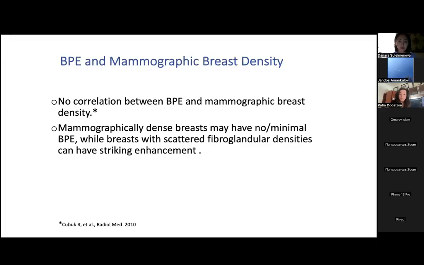But one thing to remember, and this is going back to the assessment, is that background parenchymal enhancement is the proportion of mammographic density composition that enhances. There is no correlation between BPE and mammographic breast density. Just because somebody is extremely dense on a mammogram doesn't mean they have marked background parenchymal enhancement. So here's an example.